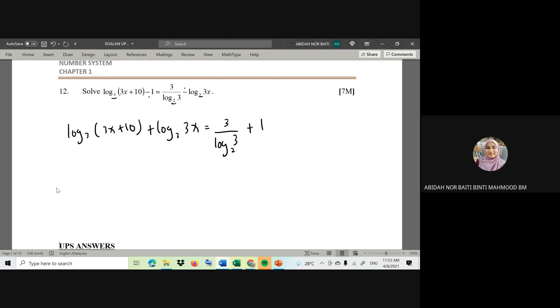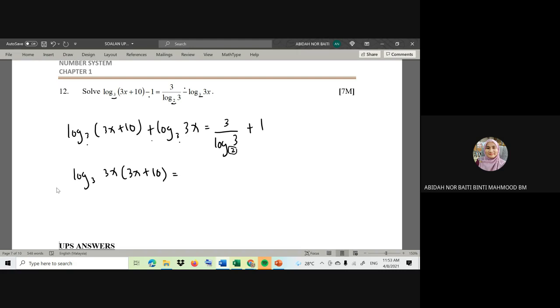Okay, macam tu. Okay, now at your left side, same base, and plus. So here we can apply law of log number 1. Plus become multiply, right? Okay, here we apply law number 1. Okay, at your right side here, this is base 2.